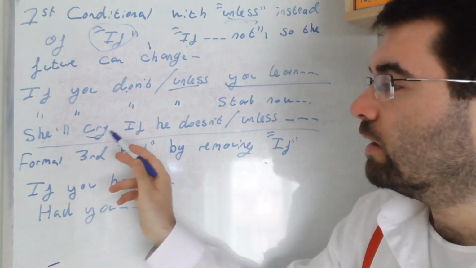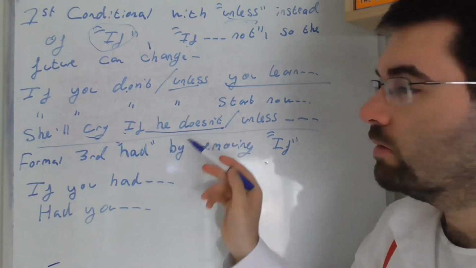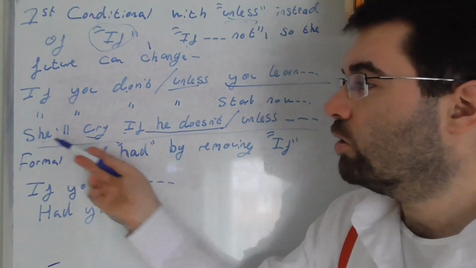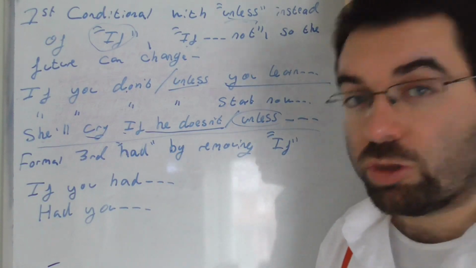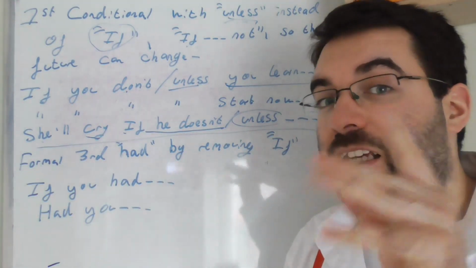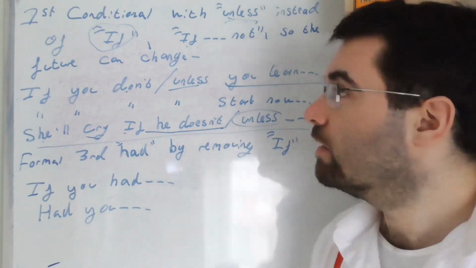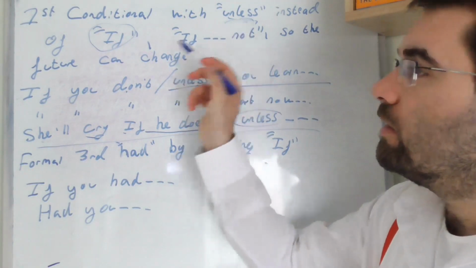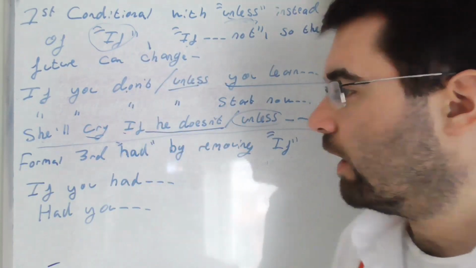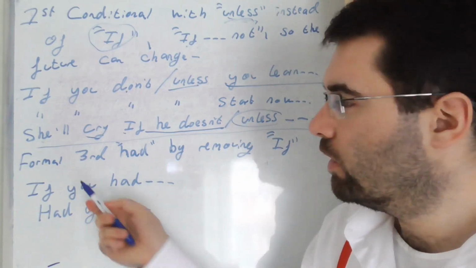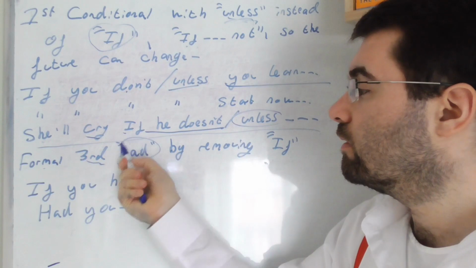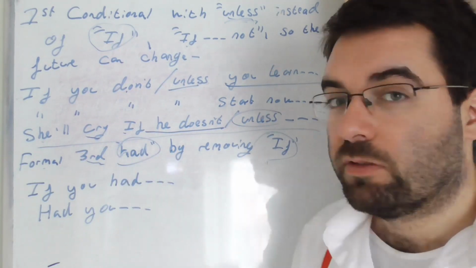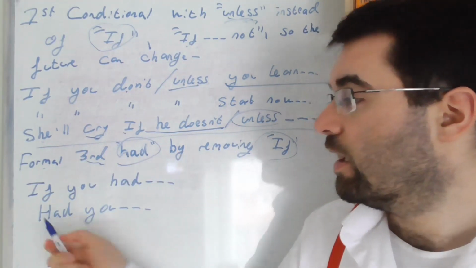She'll cry if he doesn't come here. She'll cry unless he comes here. She'll do it unless it happens. So unless. Slight difference. Okay. But let's look at this then. The formal third conditional, had. By removing if. By moving the sentence around a bit.